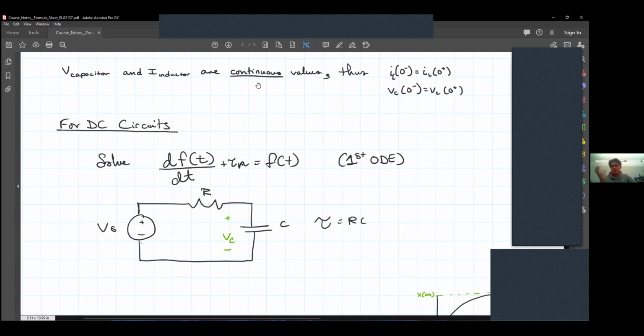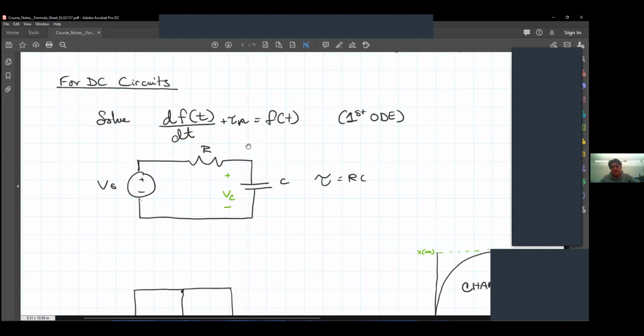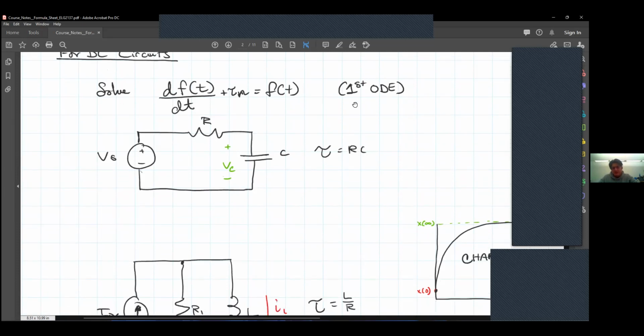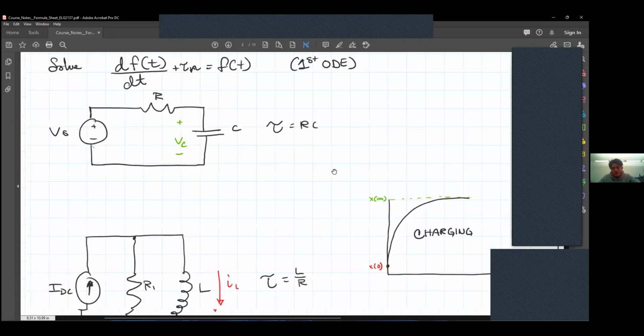That means that they can't jolt instantaneously, meaning that the current at any given point will be roughly the same in a very short time span after, for both the current of an inductor or the voltage of a capacitor. If you're dealing with a DC circuit and you're trying to solve for them, you can solve with what's called the forcing function. You basically try and solve the function of time of what you're looking for as a first order differential equation.